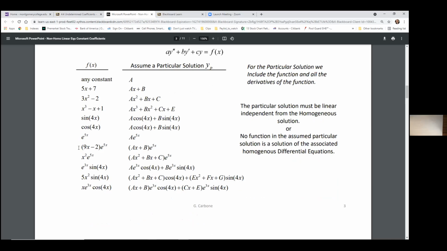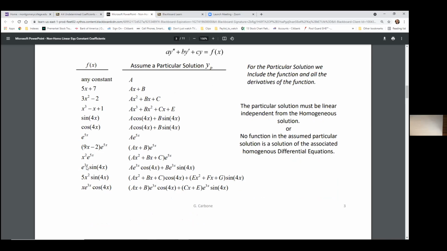Now here, if I have an exponential times a polynomial, I'm just going to assume the highest order polynomial. So in other words, the highest order here is x squared, so I'm going to assume a solution that's ax squared plus bx plus c, and then times the exponential.